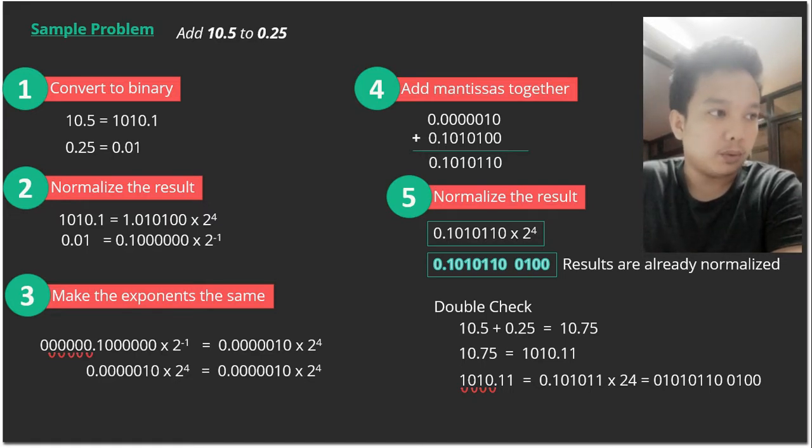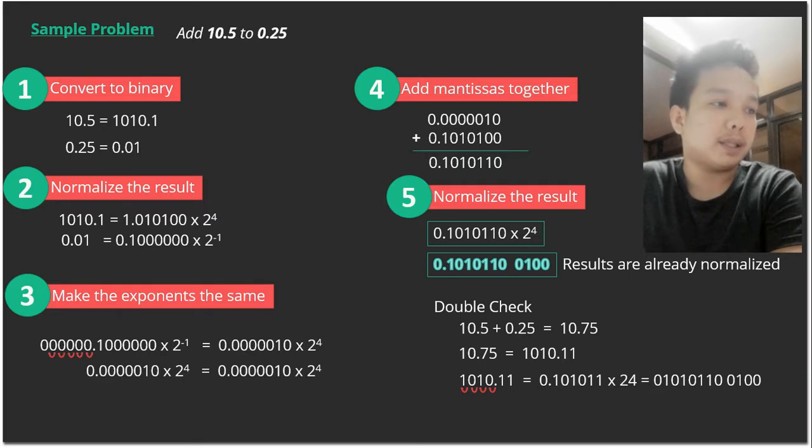The next step is to normalize the results. 1010.1 is equal to 1.0101100 by 2 raised to 3. And 0.01 is equal to 1.0000000 by 2 raised to negative 2.